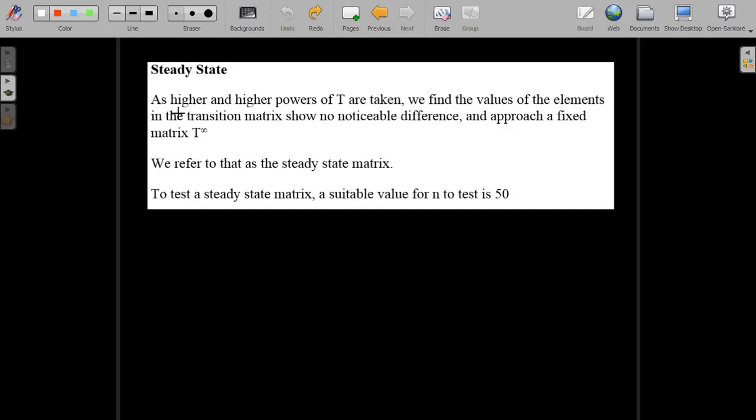So we find the values of elements in the transition matrix show no noticeable difference and approach a fixed matrix, T to the infinity. And we refer to this as the steady state matrix. And to work out whether a steady state matrix exists or not, we determine a value, so just pick any number. So n is 50 is a good value to test.